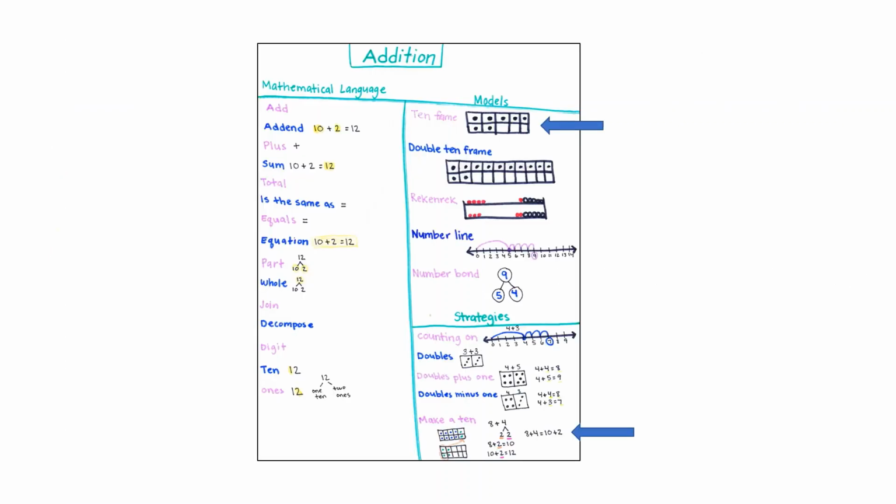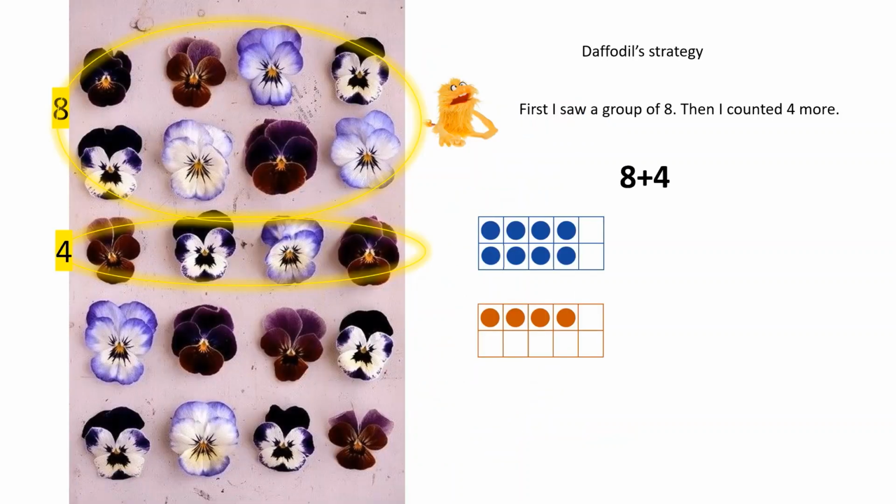Looking at our anchor chart, I'm curious if we could use the same model and strategy as we used before to help Daffodil solve 8 plus 4. What do you notice?